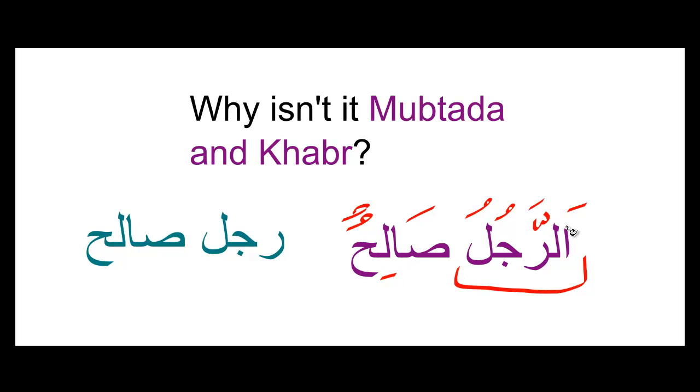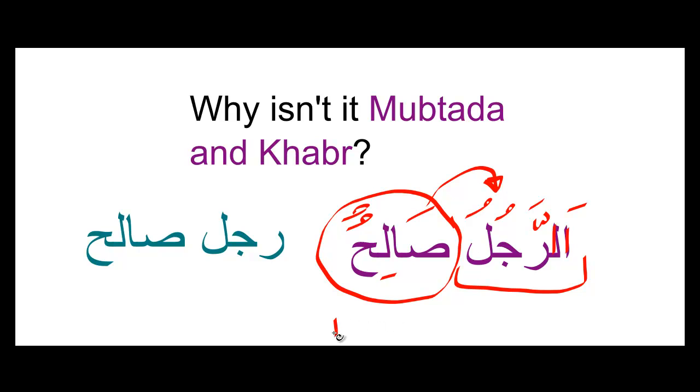It's definite because it has alif lam, and this is indefinite as it has no alif lam, and so it has a tanween. And so because there is a difference, and because this word, although it may look like an adjective, does not follow this word in all four of those things, because it's not definite as well, what we know is that this is mubtada khabar.